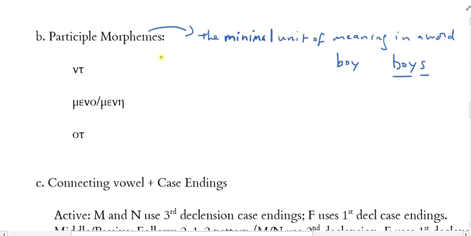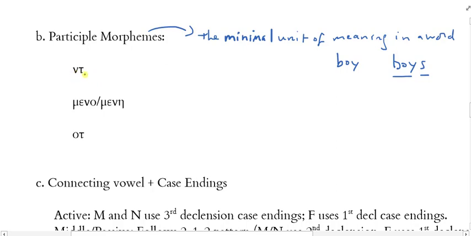So the participle morphemes are morphemes that constitute some meaningful thing in the word that indicates in this situation that we're dealing with participles and not some other kind of verbal form. Now, I love these participle morphemes because they allow me to create a pun, okay?